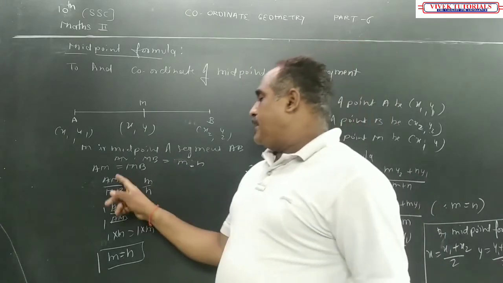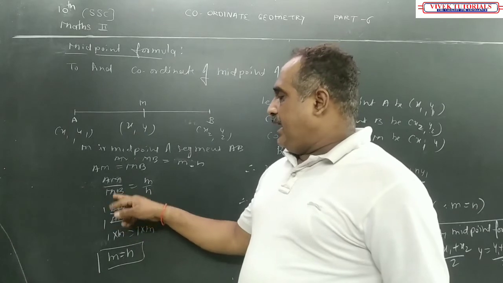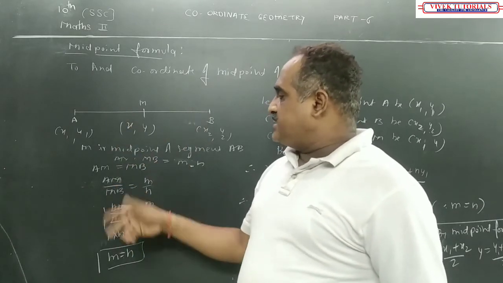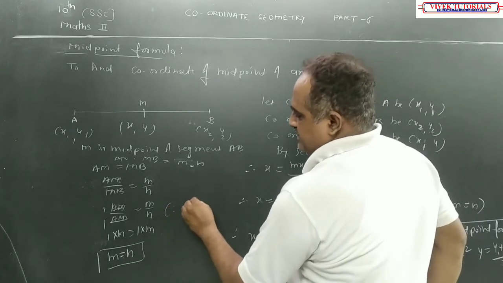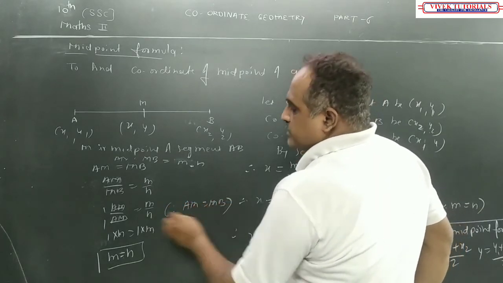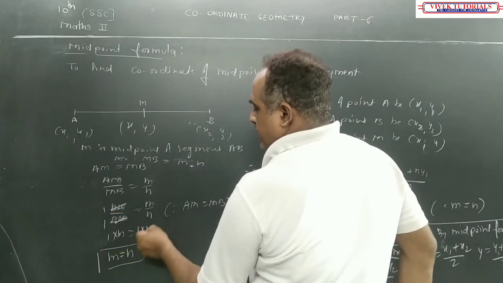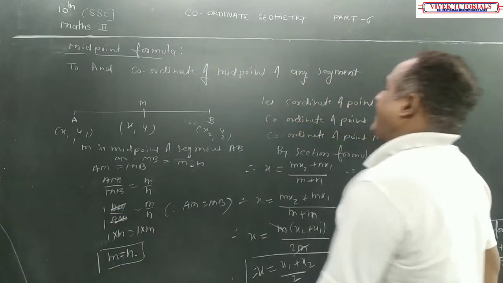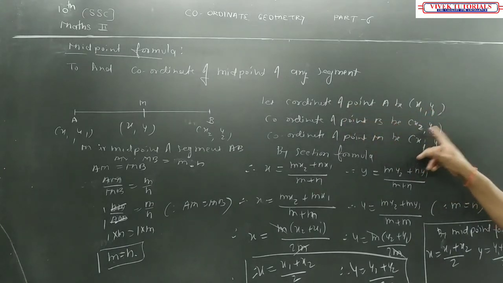AM is equal to MB है, तो AM upon MB is equal to m upon n है, तो 1 1 cancel हो गया, right ना? Here we can write since AM is equal to MB. So what you got? 1 into n, 1 into m. M is equal to what you got? N. Let the coordinate of point A be x1, y1. Coordinate of point B is x2, y2. The coordinate of point M is x, y.